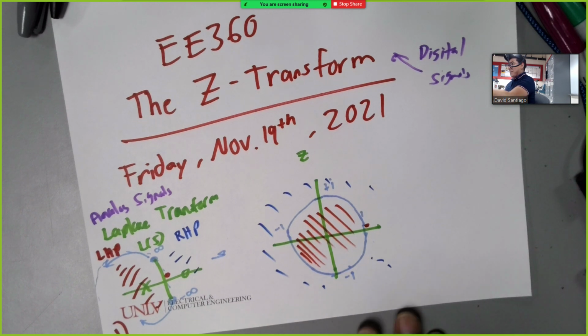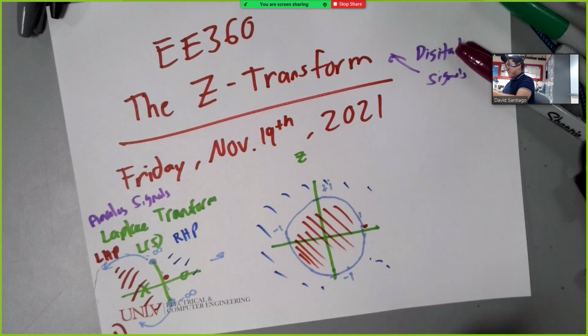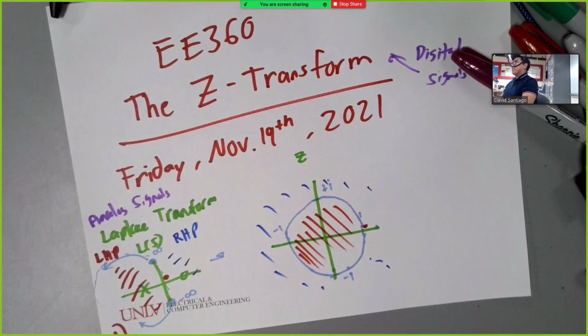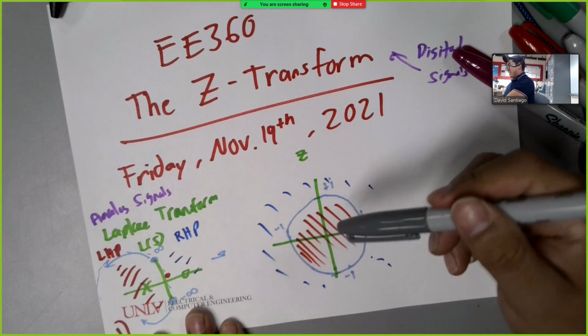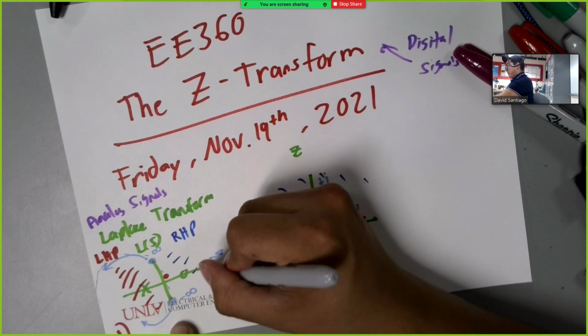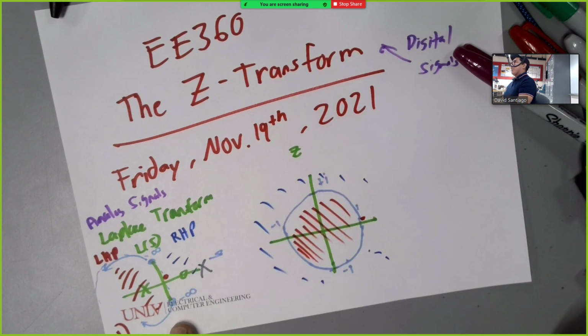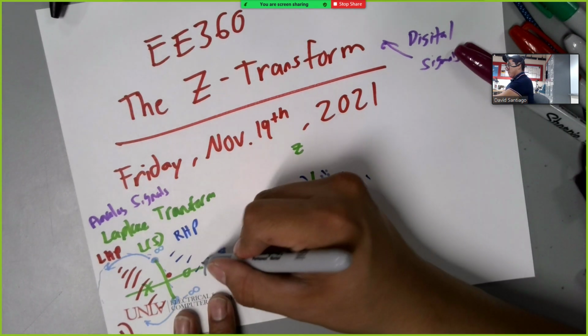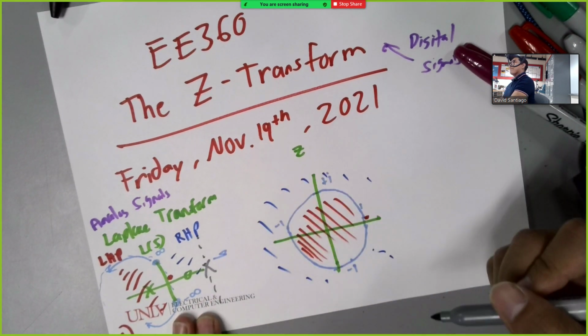Okay, so I assume everyone here is a master of Laplace transforms. And remember when we had this Laplace domain, right? And we had a pole. Let's say we have a pole here, on the right-hand side, right? What does that mean for our system if we were to draw a region of convergence?